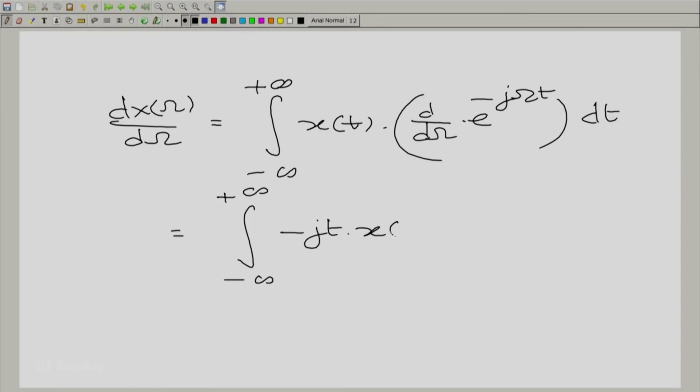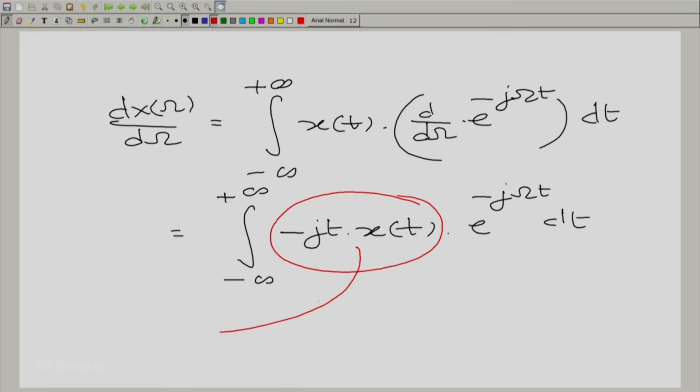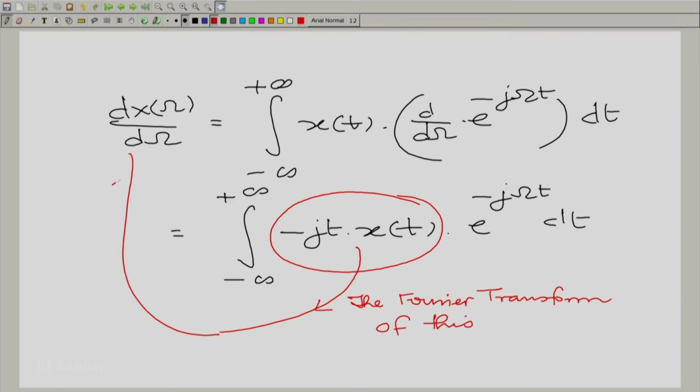So, there we go. Once again we see a very simple relationship like we did in the previous property, that the Fourier transform of this is this. That is what this relation essentially says, and that is what the property is.